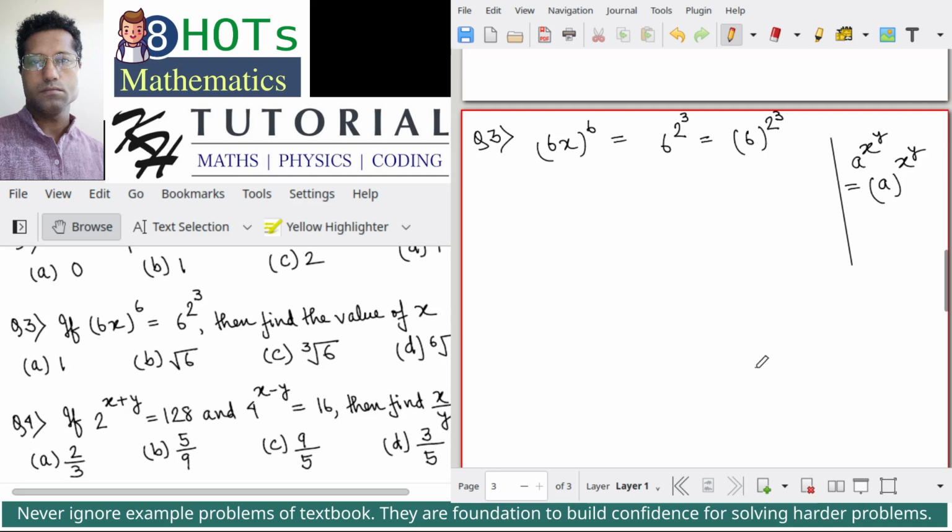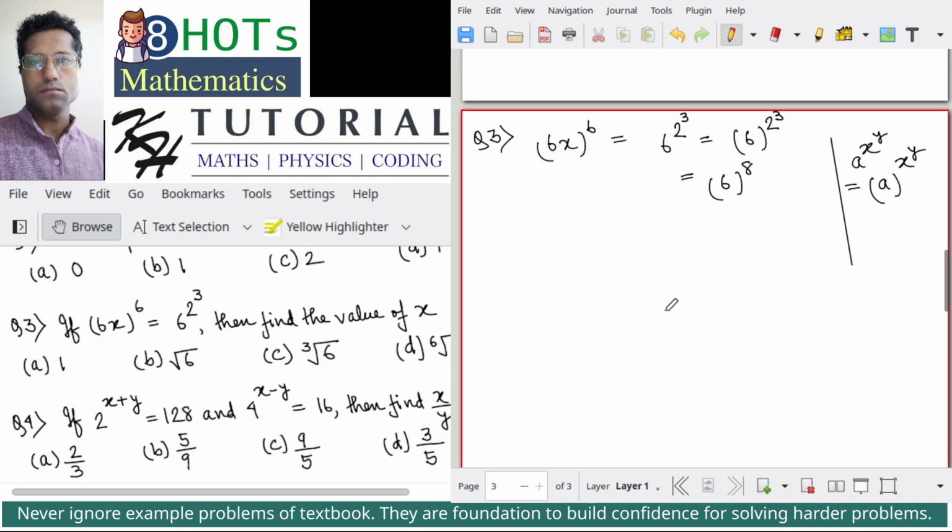So 6 raised to the power, and the power is 2 to the power 3, which is 8. So this is 6 to the power 8.